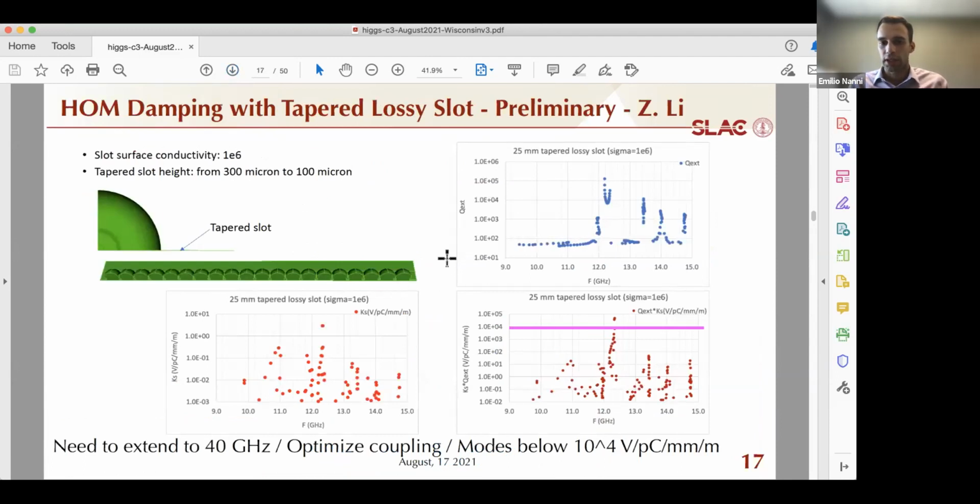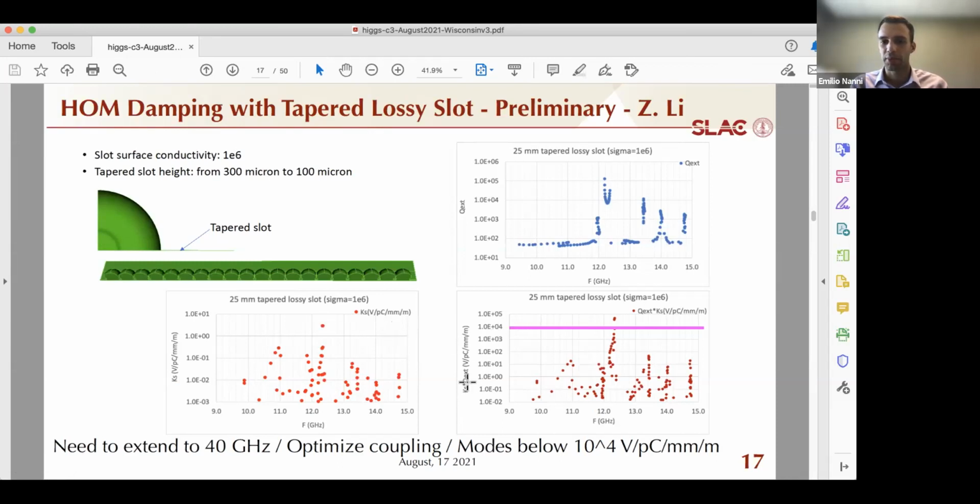So in addition to doing these small scale studies for the wake field damping, we've also launched a modeling effort to look at it in more detail. And so far that looks pretty promising in some of the first passes. I'll just highlight here that the goal is to get this kick factor below 50 volts per picocoulomb millimeter meter, which you see here, up to 15 gigahertz.